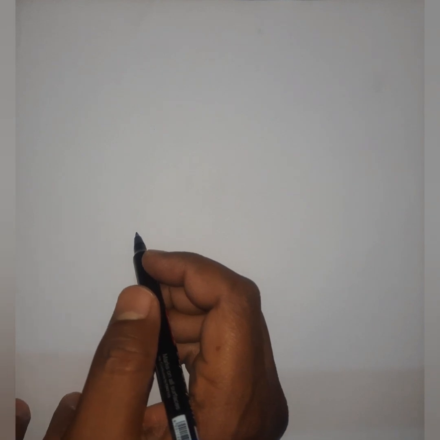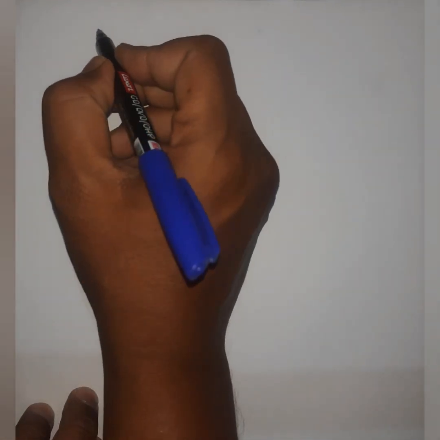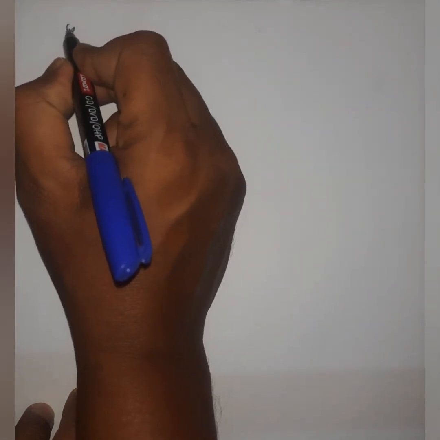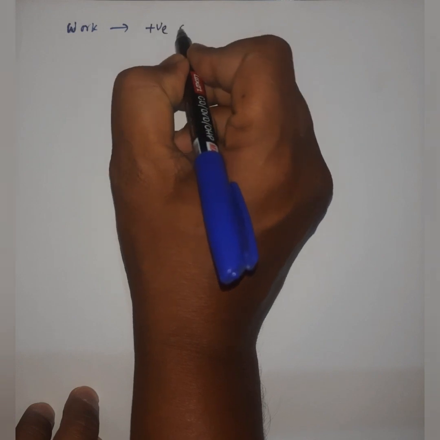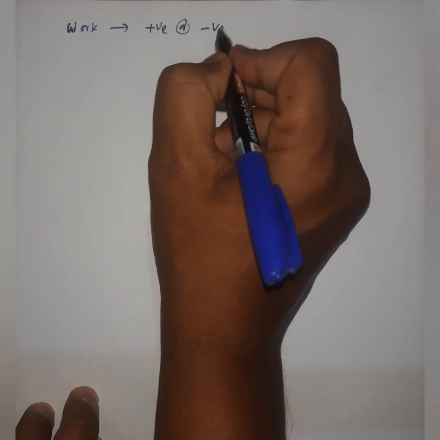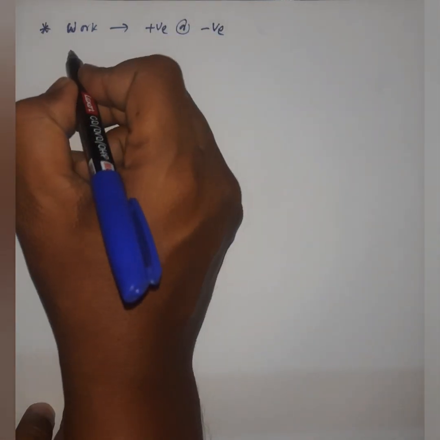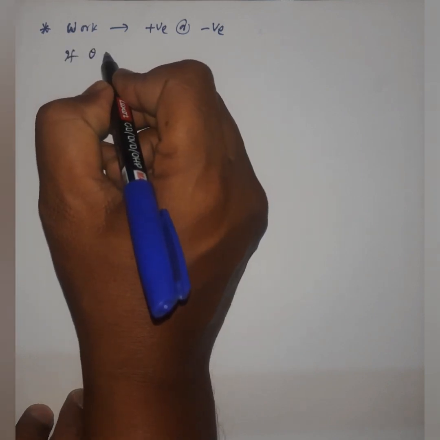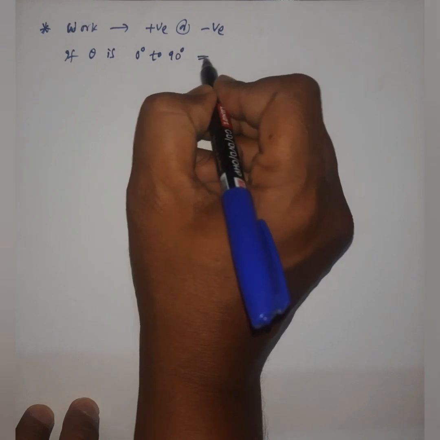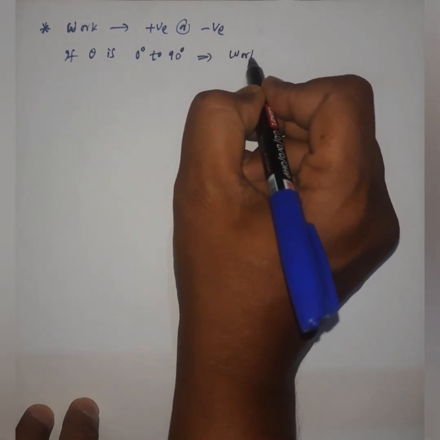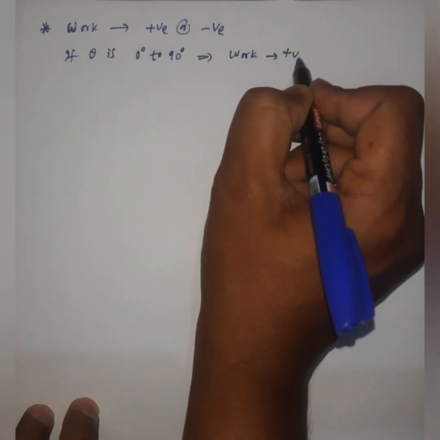Here work can be both positive or negative. If theta is 0 to 90 degrees, work is positive.